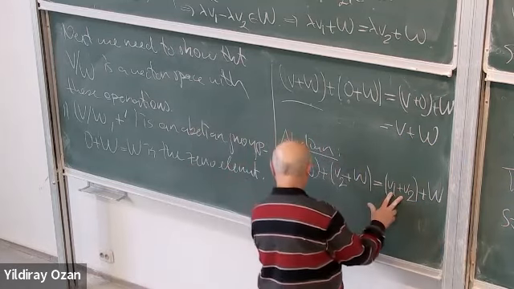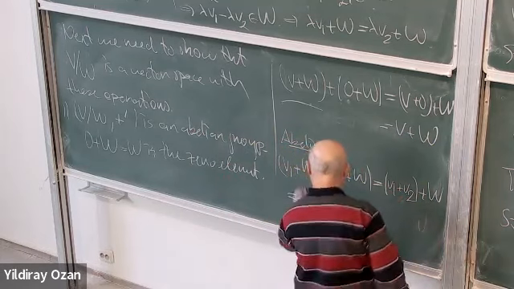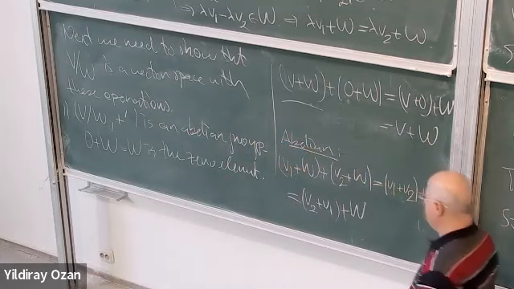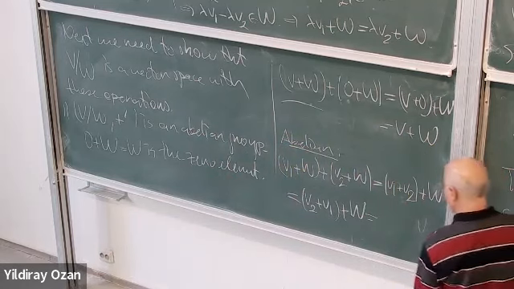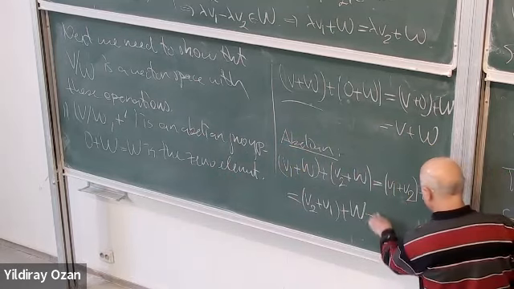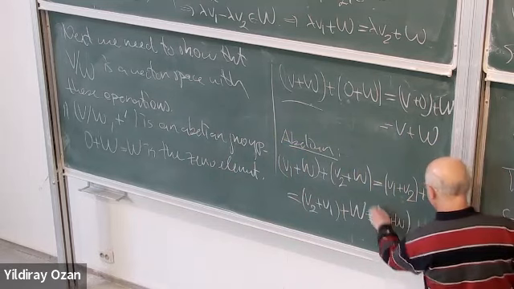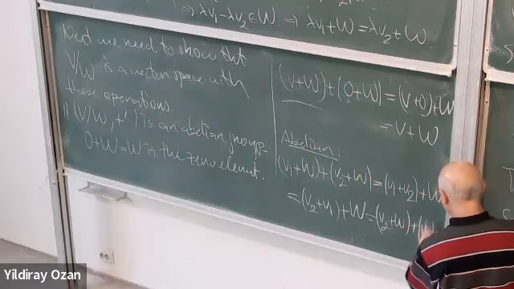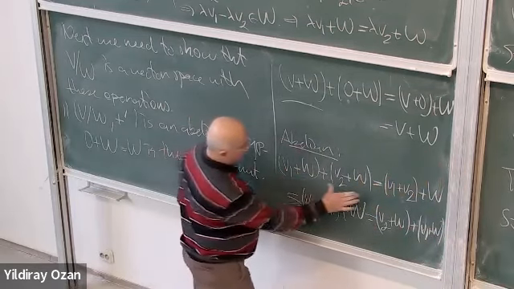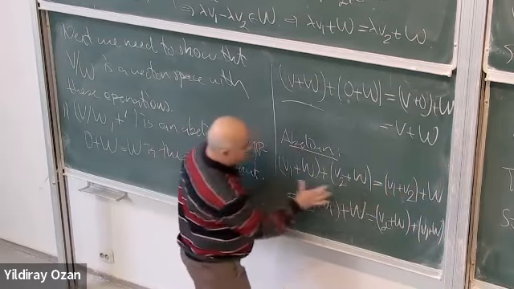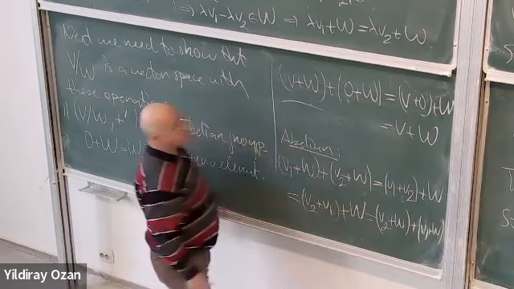Therefore, this is the same thing as V2 plus V1. And this is again from the definition of our vector addition. This is just V2 plus W plus V1 plus W. So this means this element plus this element is the same as this element plus this element. So I can interchange the two.